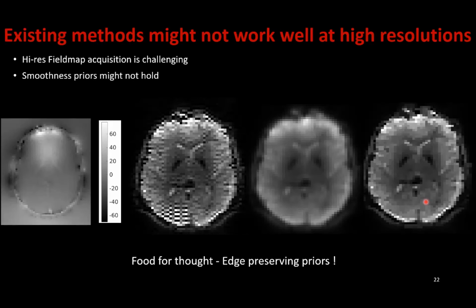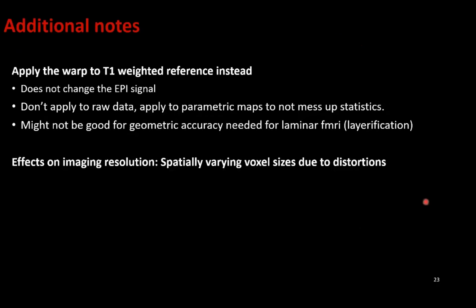To conclude, these are two topics that John's going to talk to you a lot about. I just wanted to mention it. We can also apply the warp to a structural image that you have acquired so that you work in the EPI space. That's not going to work for geometric accuracy, but again, something John's going to talk a lot about.